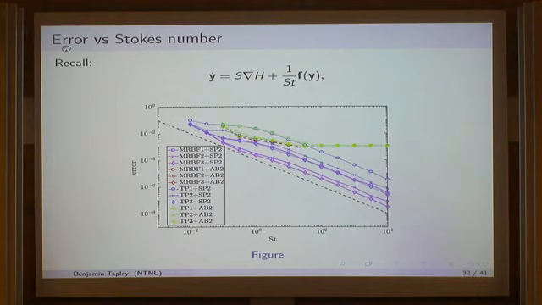So here I might just say that we've measured the error versus the Stokes number, okay? If we have a really viscous fluid, that corresponds to a very small Stokes number. And if we have a very inertial particle, for instance, like a lead ball in air, then that corresponds to a large Stokes number.